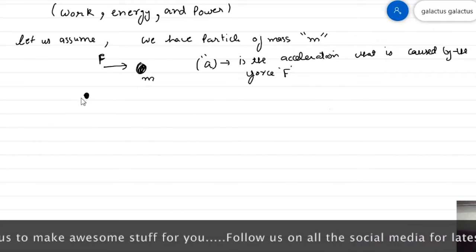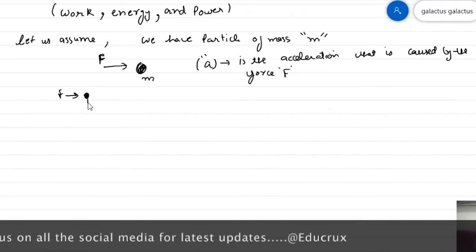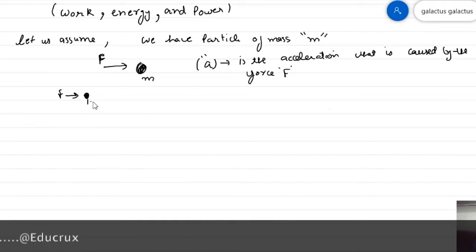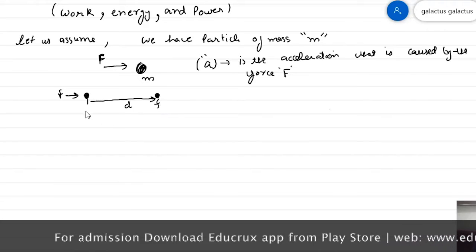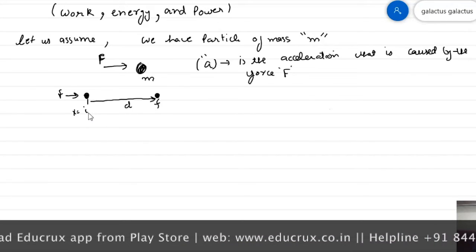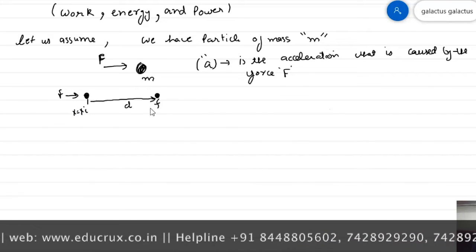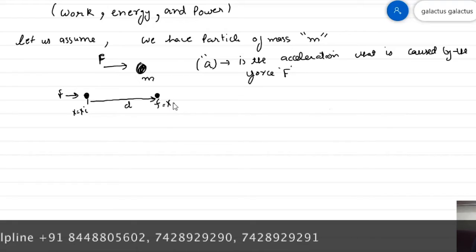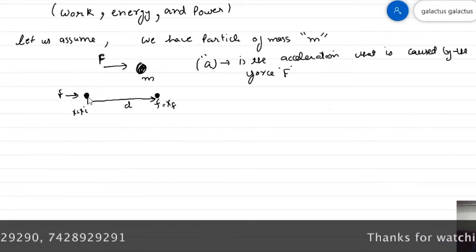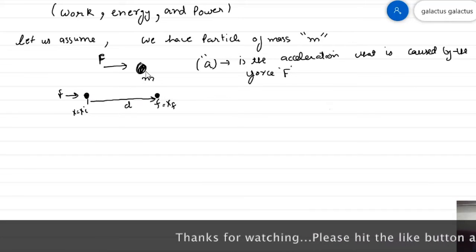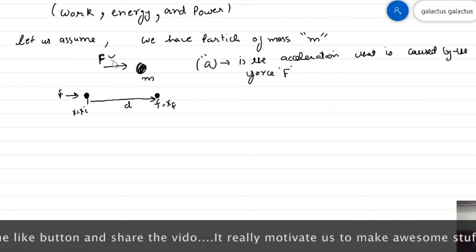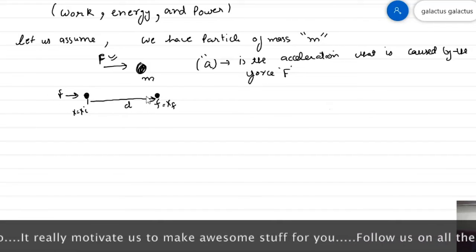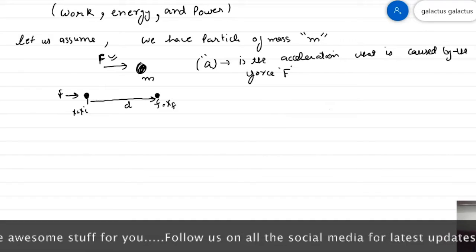So if I apply a force F on it at the initial point, and under the effect of this force the particle travels a distance d, it started from the initial position x equal to xi, and reaches the final position x equal to xf, and the distance covered by the particle is d, due to the acceleration provided by this force F. And for simplicity, I have assumed that the motion is along the horizontal direction.